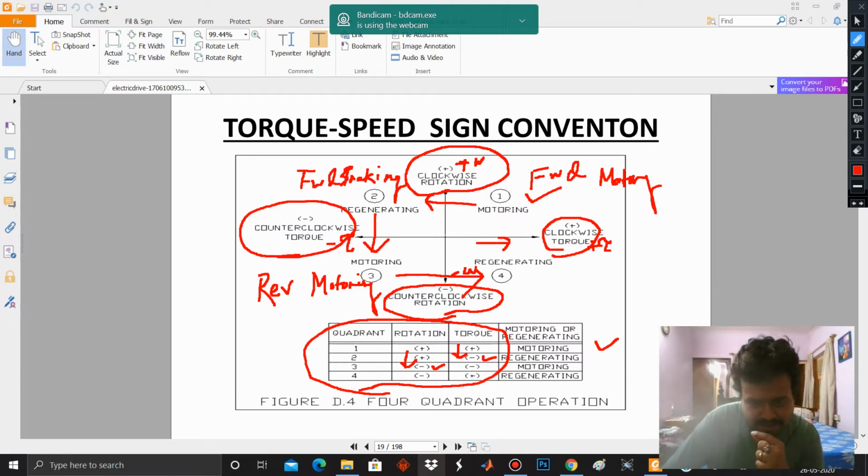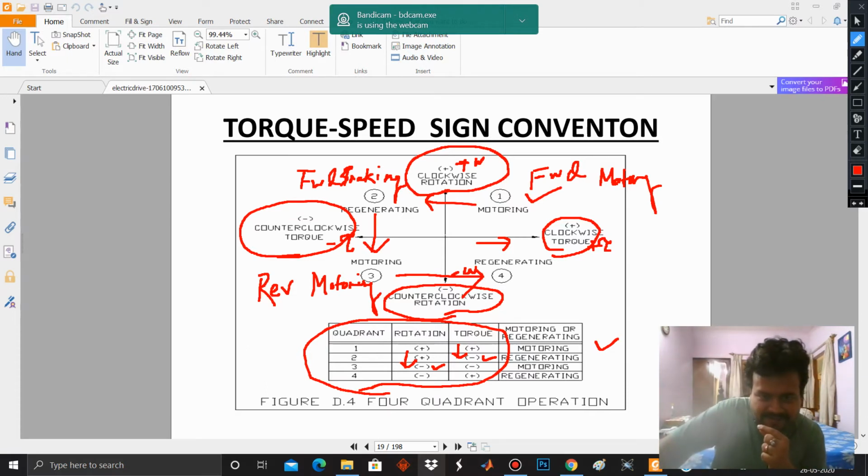So what is it called when there is a change in force? It is called braking. When there is a change in force, it is called braking. But how different is this braking in the fourth quadrant from the second quadrant braking?